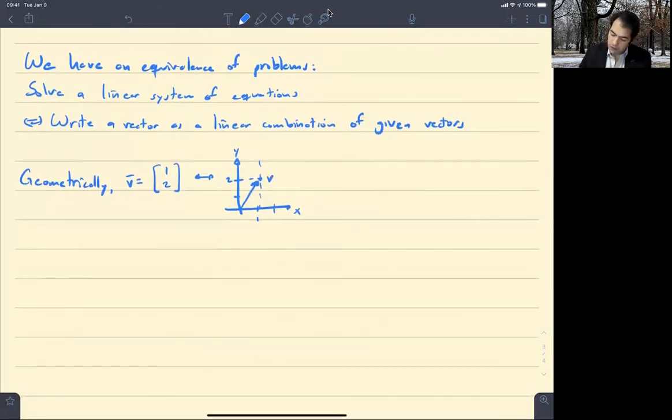Also, the length of v is the square root of 1 squared plus 2 squared, right? By the Pythagorean theorem directly from the picture.